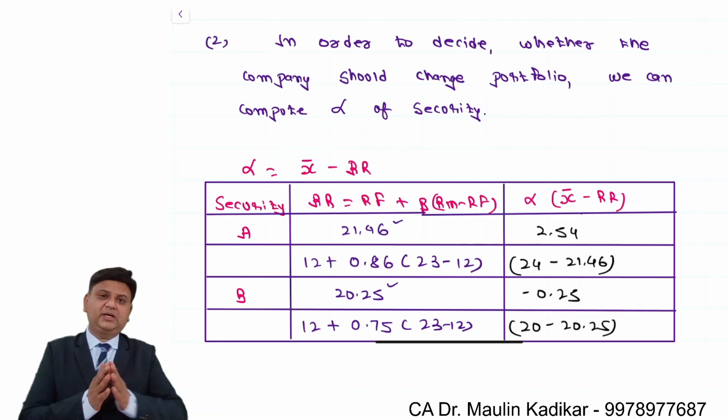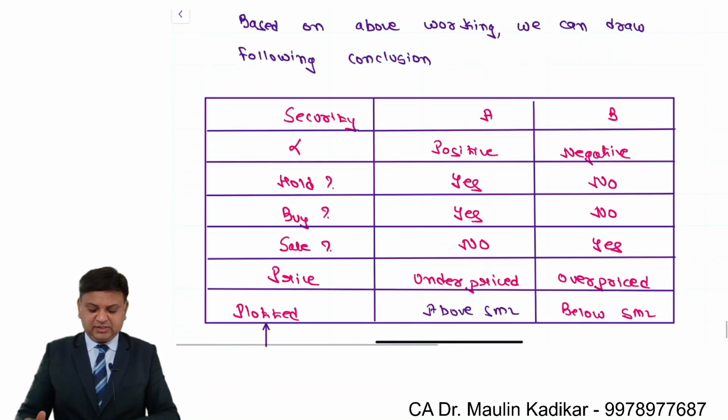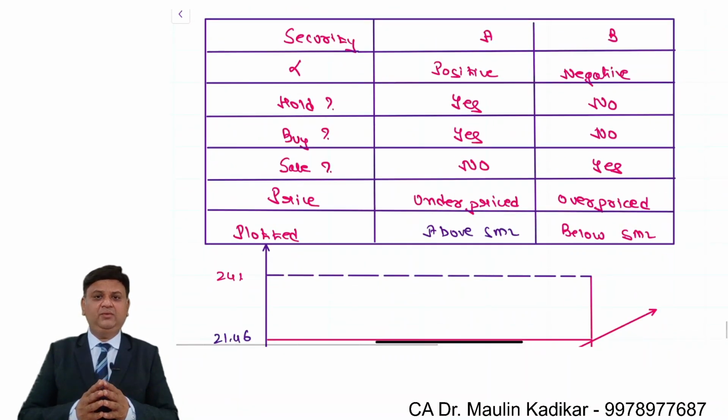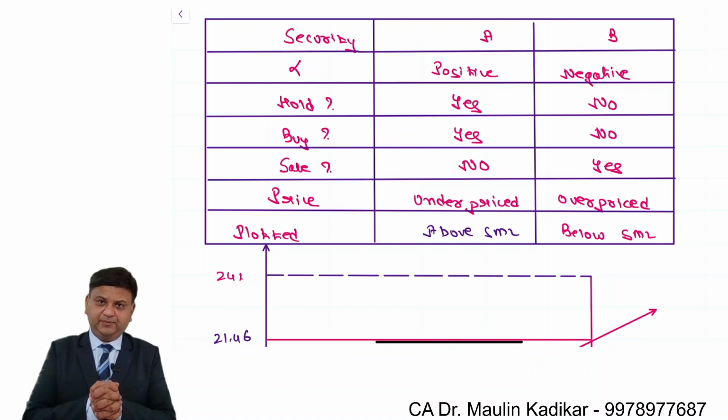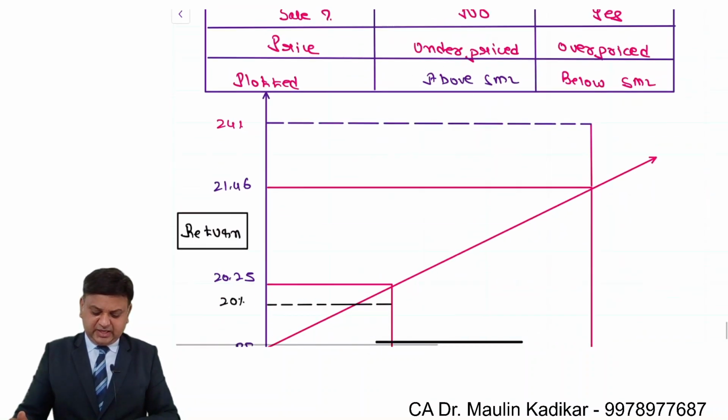For that, we make the computation of the required rate of return, and based on that the alpha is calculated, and based on the alpha being positive or negative, we can reach certain conclusions. If alpha is positive, then you should buy, you should hold, it is underpriced, it is lying above the security market line.